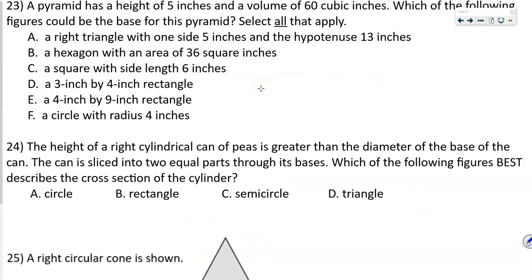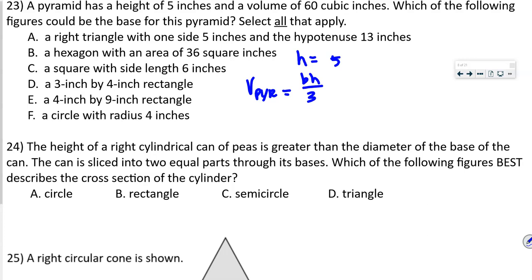All right, number 23 says a pyramid has a height of 5 inches and a volume of 60 cubic inches. Which of the following figures could be the base for this pyramid? Select all that apply. Okay, so we know the pyramid has a height, h equals 5, and a volume. So the volume of a pyramid is equal to the base times the height divided by 3. So we have the height and we have the volume.